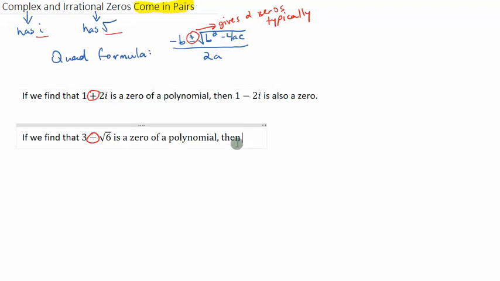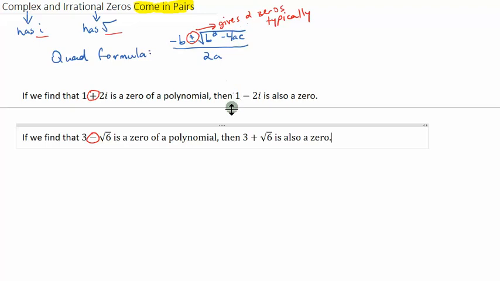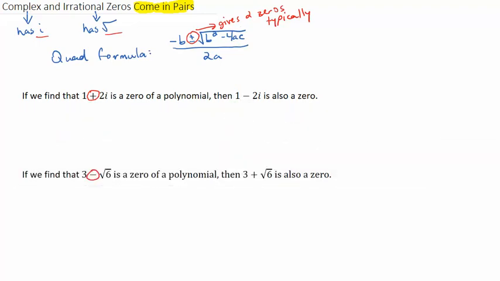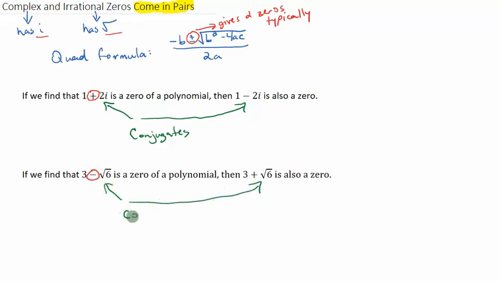So the formula should also tell us then that 3 plus the square root of 6 is also a zero, okay? And so what's happening here is these numbers have a relationship with one another. So that relationship is called conjugate relationship. So 1 plus 2i and 1 minus 2i are called conjugates. And 3 minus the square root of 6 and 3 plus the square root of 6, those are also called conjugates, okay?